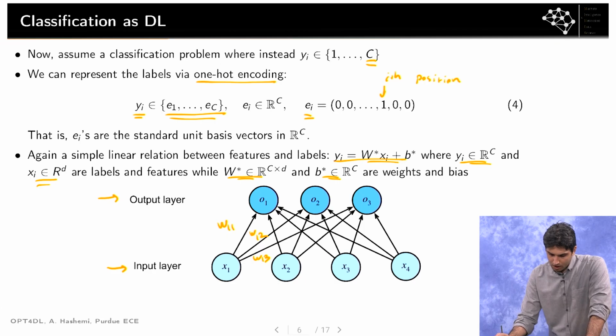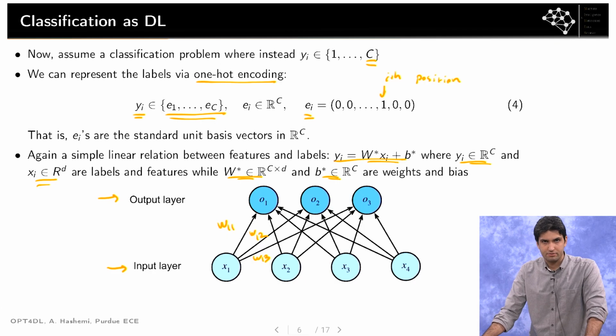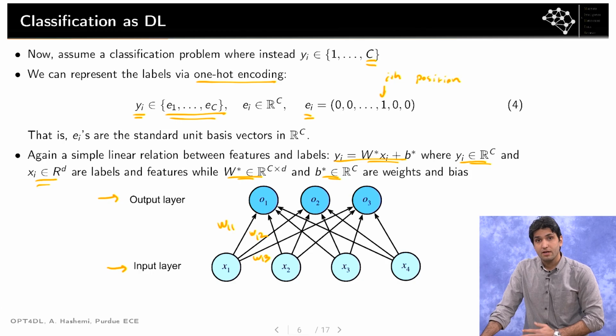Now, what are these outputs? The outputs are basically the labels, right? But it is very useful to think of them as the probability that a specific, let's say, image belongs to a specific class.